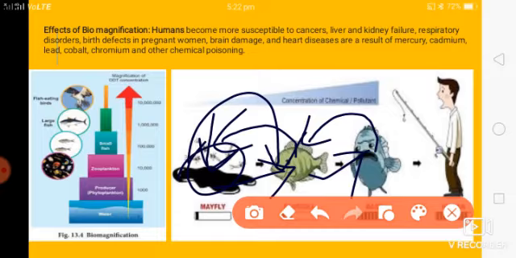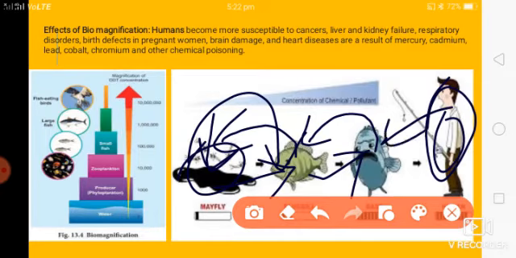And when we, the fishermen or human beings, catch the fishes and eat them, that concentration of toxic element or pollutant also gets into the human body.